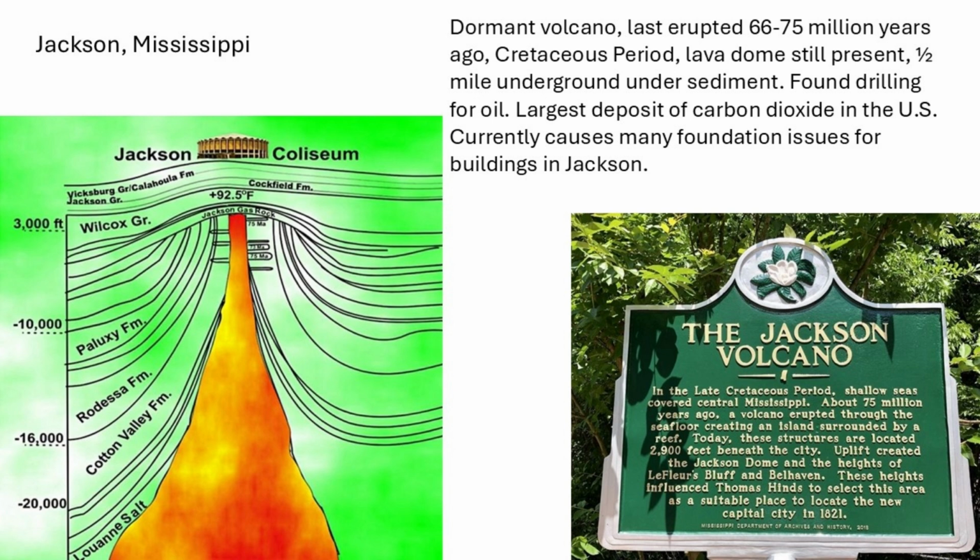Well, the closest one to my area is actually Jackson, Mississippi. So this particular volcano has not erupted for approximately 66 to 75 million years. So it is considered dormant, but the magma still occasionally goes up and down the pipe. And we know this because it was found when they were drilling for oil.